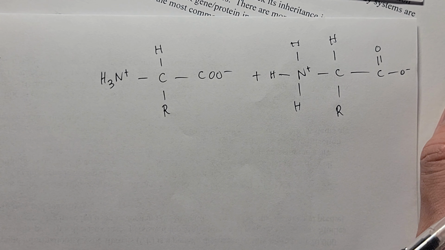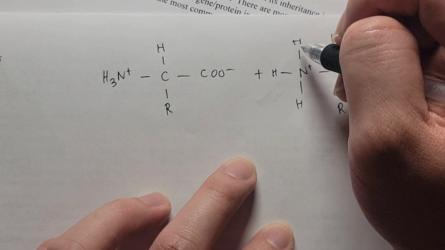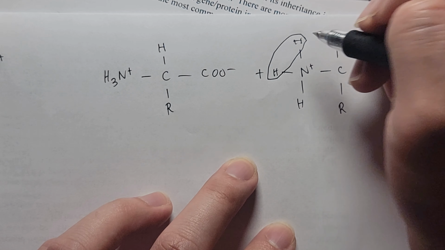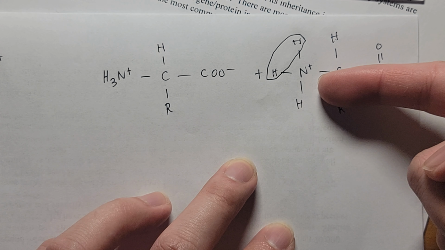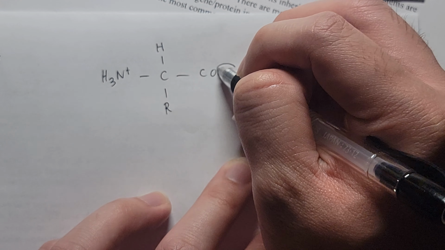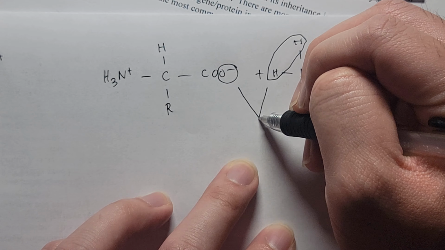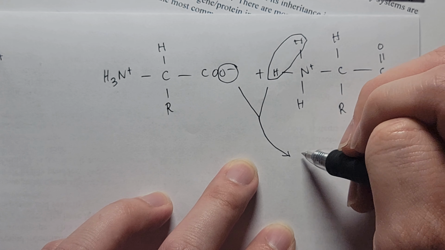Now, what happens here when we form a peptide bond? Two of the H's that are connected with the nitrogen over here, and then the O minus over here, are gonna form a molecule called water, or H2O.